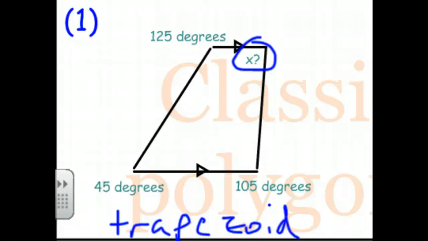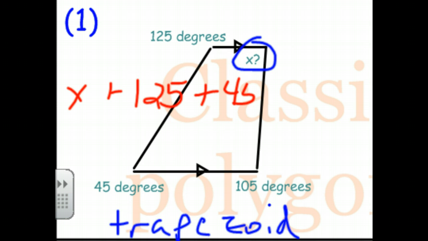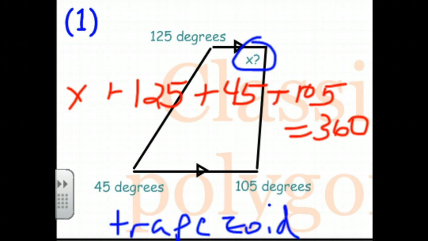Well, I'm going to write this out as an equation here. X plus 125 plus 45 plus 105 has to equal 360. Now, I could subtract all of these away at the same point and leave x alone on the left side of that equation, but I am going to notice that 125 plus 45 is 170, plus 105 is 275, so I'm going to take this time and subtract 275 from both sides.